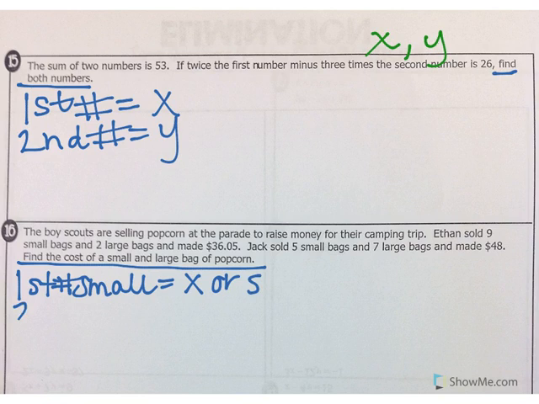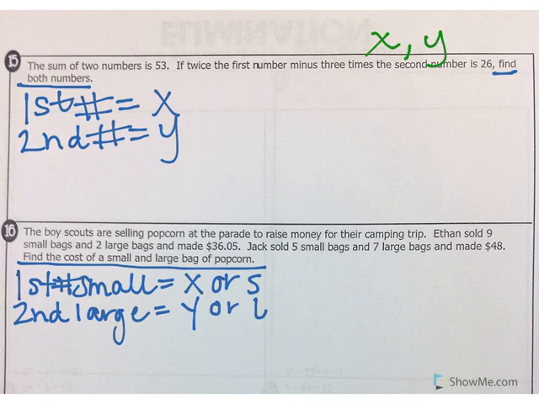And then your second variable is going to be the large popcorn, and that can be y or L. Okay, so we didn't set up an equation yet. We're just figuring out what they're asking. So one of our answers is going to be an answer for small popcorn, and the other one's going to be an answer for large popcorn.